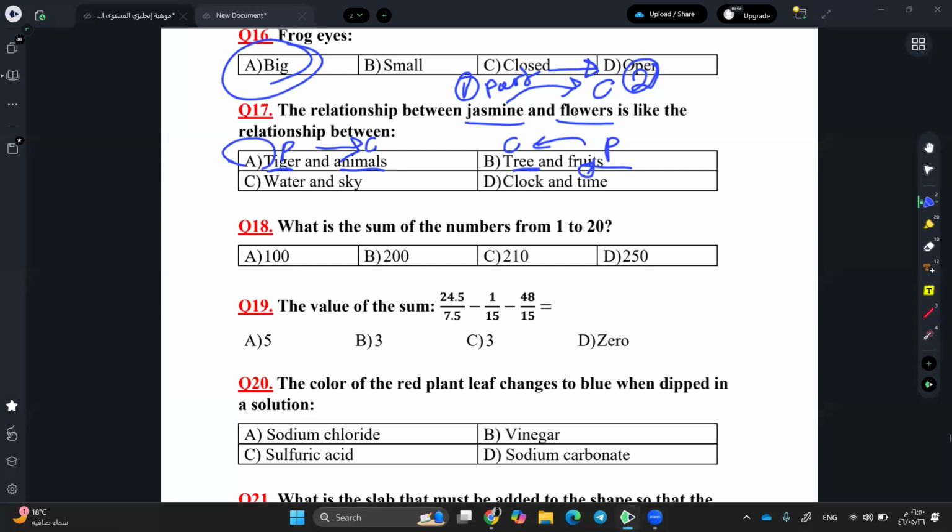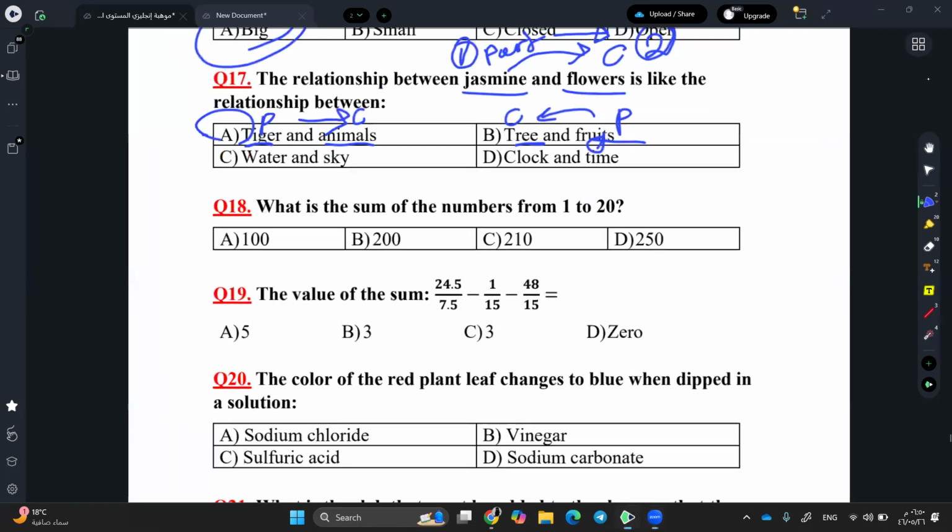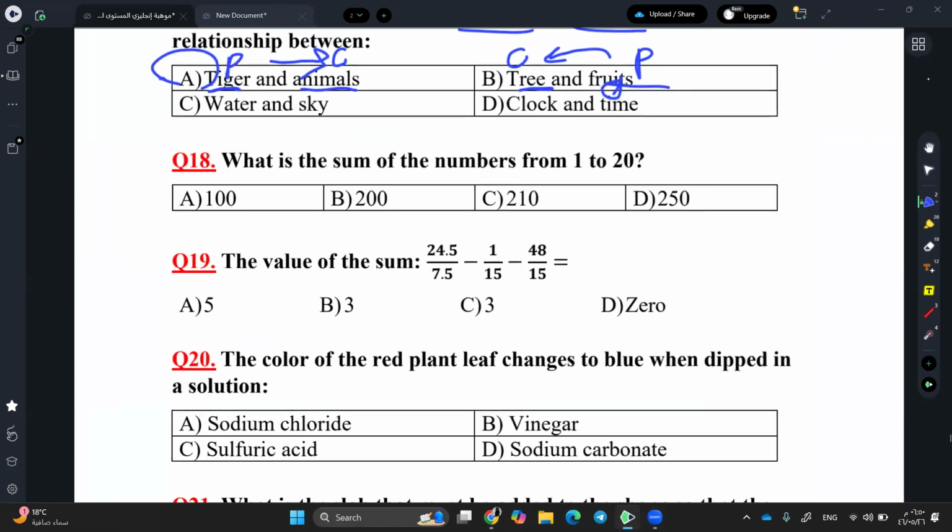Okay, for question number 18, I want you to focus with me because I will solve it with an equation. This equation, I think for some of you it's going to be new. Okay, so I will solve it and please focus with me. If it comes to the question, what is the sum of the numbers from this to this? So from 1 to 20. There is an equation to solve this question, which is going to be like that.